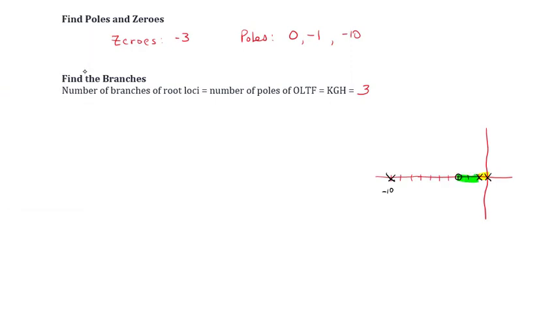In other words, right here in green. The answer is no, because there are two poles to the right of this green branch: the pole at -1 and the pole at 0. So that one does not exist. What about here? The answer is yes, that branch will exist because there are 1, 2, 3 poles plus zeros to the right of that. So there does exist a branch there.